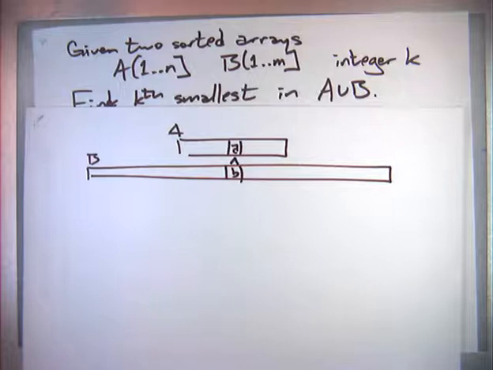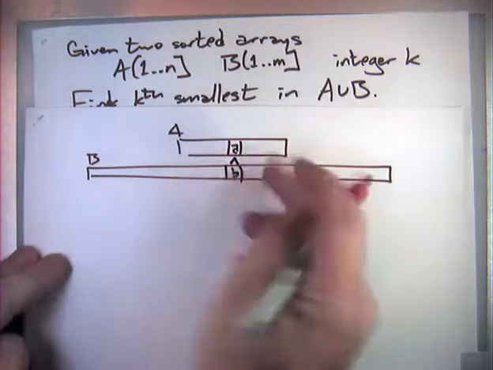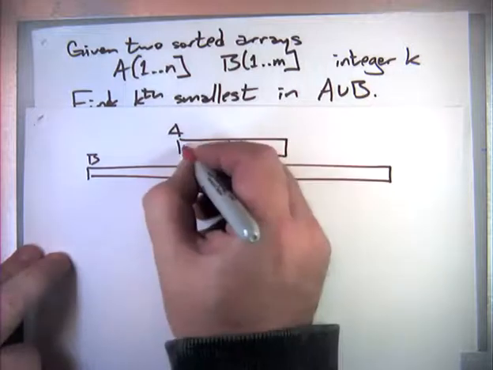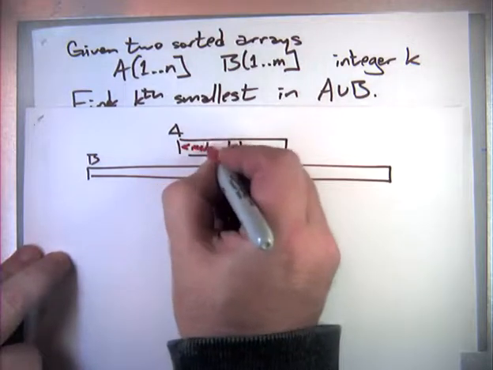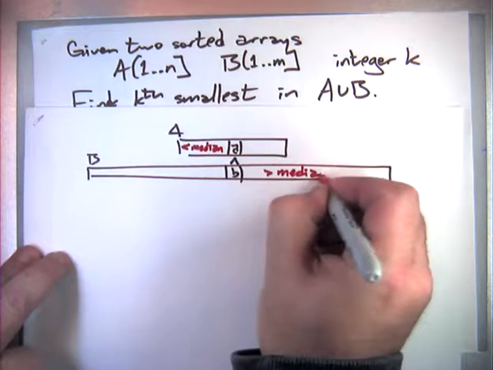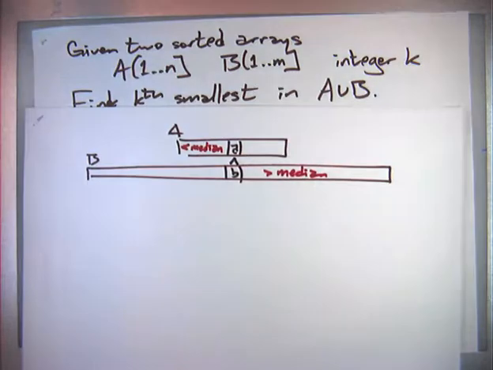And now I know if I do this comparison, and say little a is smaller, that the bottom half of A must be smaller than the median and the top half of B must be larger than the median.